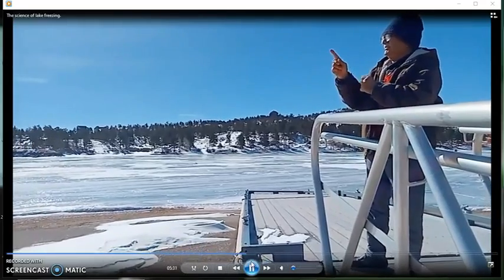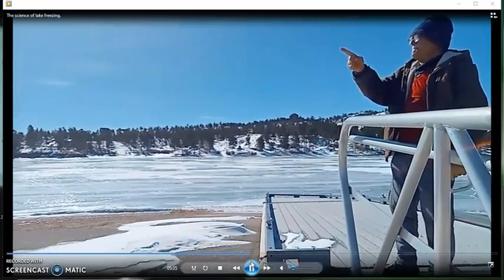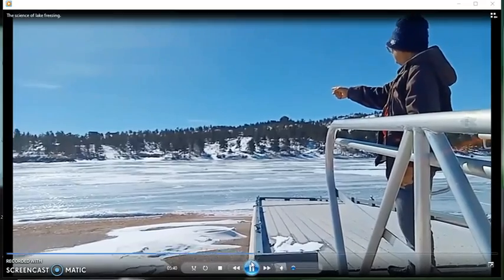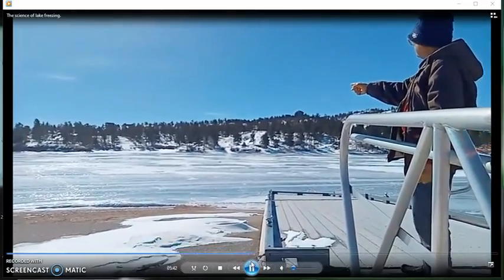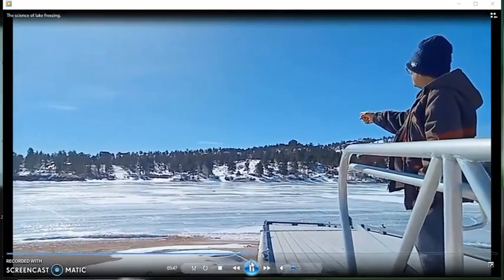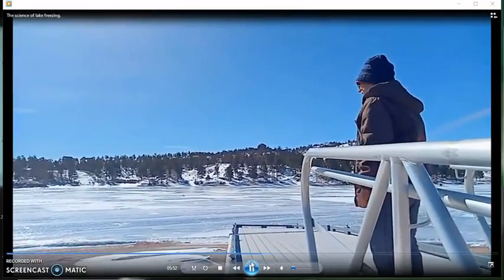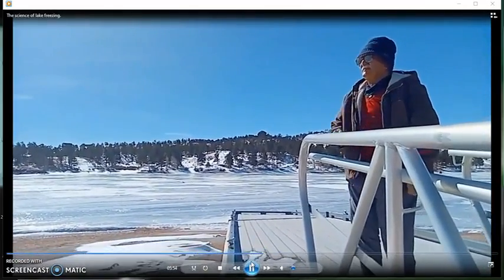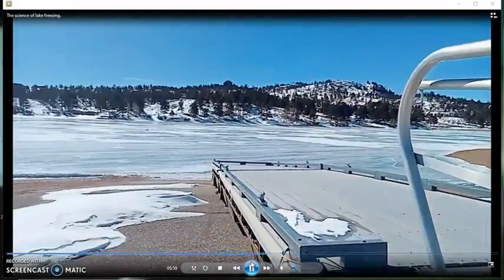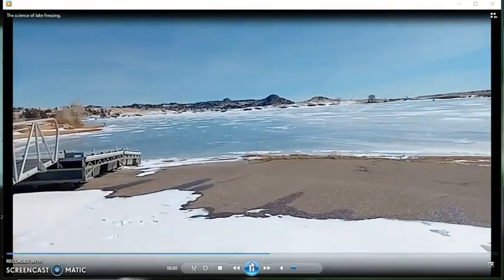Ice takes up more room or space than the water it was made from, which makes the ice lighter than the water below it, allowing the ice to float on top of the water.